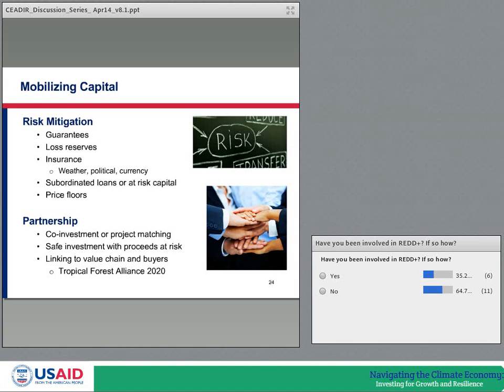Subordinated loans, that's where certain loans are repaid before other loans, and that more at-risk money allows the less at-risk money to flow in, because that capital may not have come in otherwise. And then price floors, something that all financial institutions would love. This is where you could have an organization, it could be public, it could be private, say, we'll put a floor at $5 for your carbon credits.